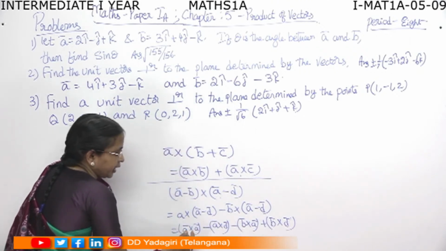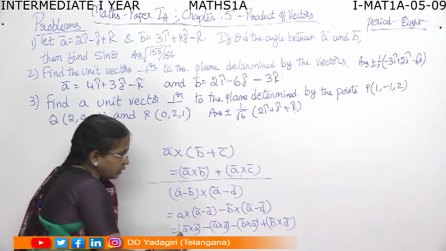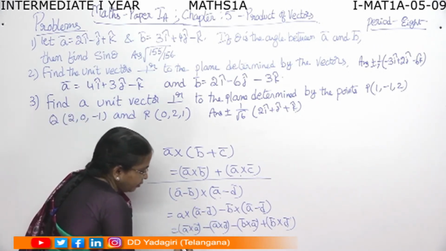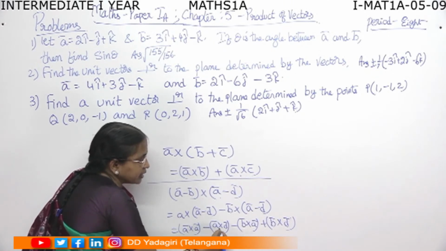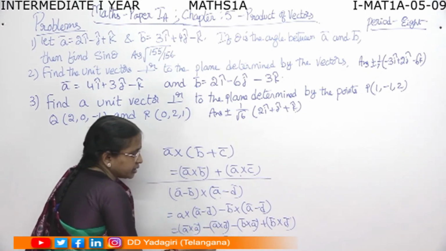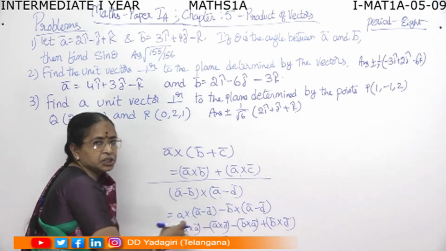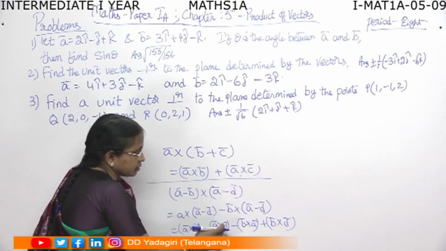Now you already know that A cross A is 0. Any vector cross the same vector is 0. So A cross A will be 0. And you can also make them positive. Minus A cross D I can write as plus D cross A. Suppose I have to change the sign, I can remove the minus sign and just interchange the vectors in this cross product.